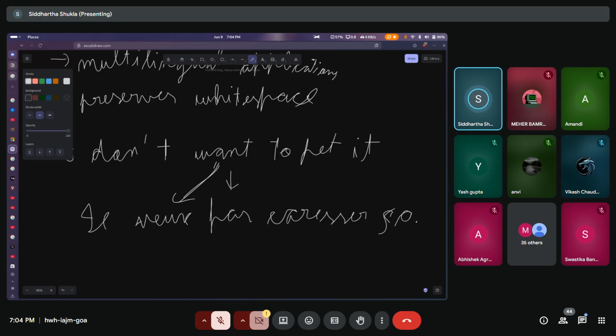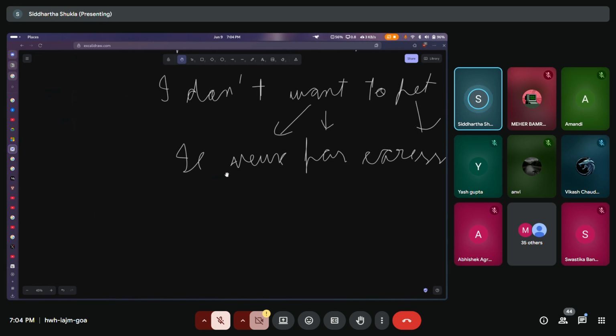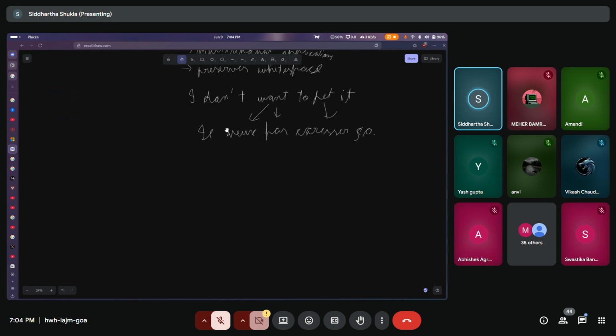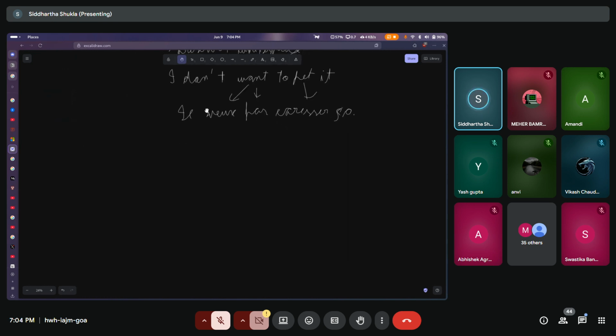Want translates to "veux", and pet translates to "caresser". So obviously, as you can see, the positional encoding is changing for these words. That's why preserving white space information becomes crucial in multilingual applications.